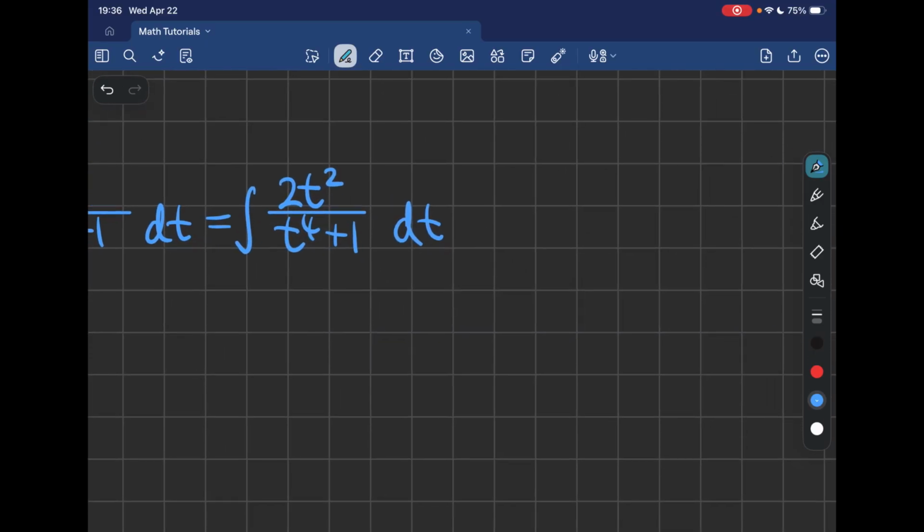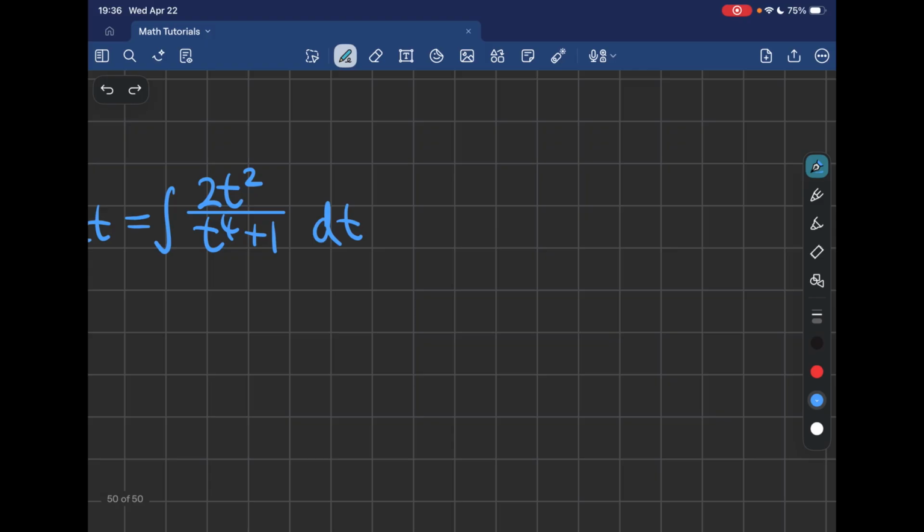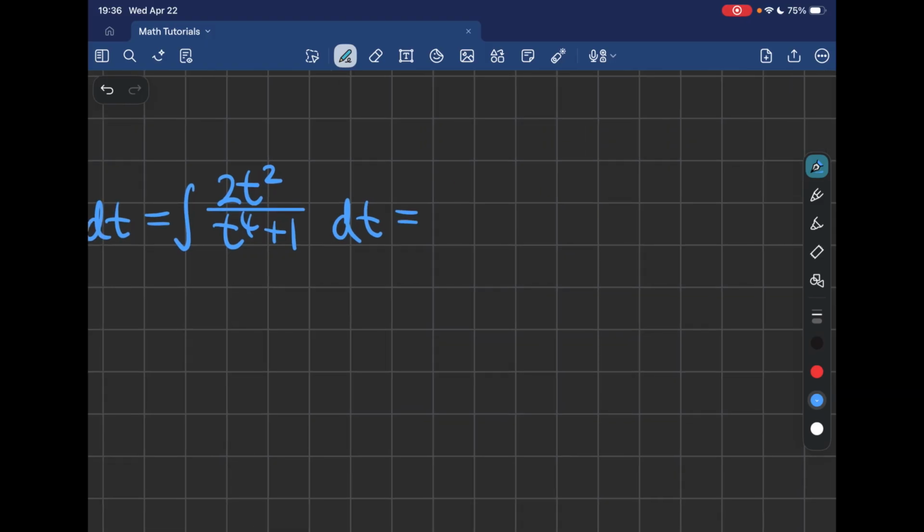So now we have a rational expression, a polynomial over a polynomial. But the power is really high right now. Remember in the last video, even this thing took quite long to solve. So we don't want to have the power of 4 in the denominator. It will be too complicated. So what we can do is divide the numerator and the denominator by t squared.